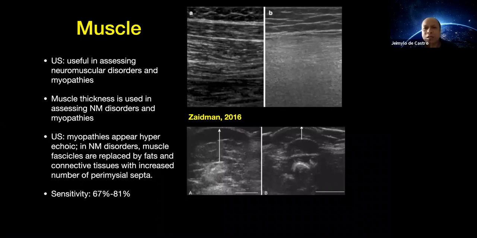It is very significant to notice that the normal starry night pattern of the muscle has disappeared, and it was actually infiltrated by a lot of fat and connective tissue. That's why you can see it to be echogenic.